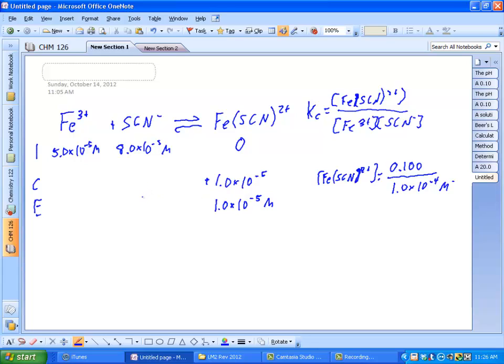Okay, now if the concentration of the product increases, then the concentrations of both of the reactants have to decrease. Okay, I can't have one decreasing and the other one increasing. That's impossible. Okay, so that, and since this is a 1-to-1-to-1 reaction, they're both going to go down by the same amount, which is 1.0 times 10 to the negative 5th molar.